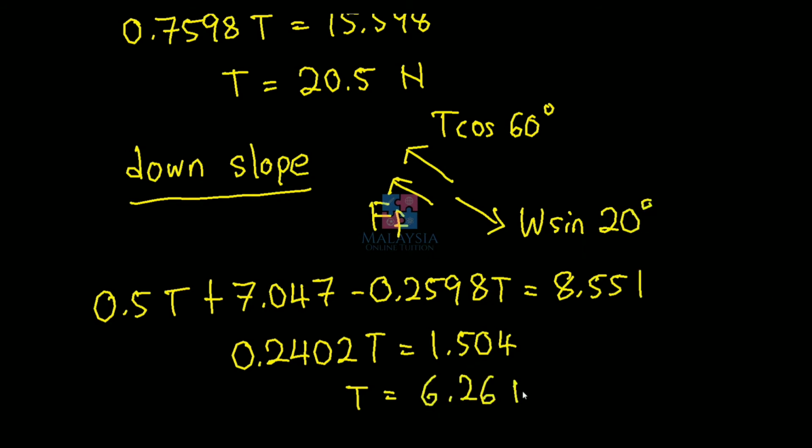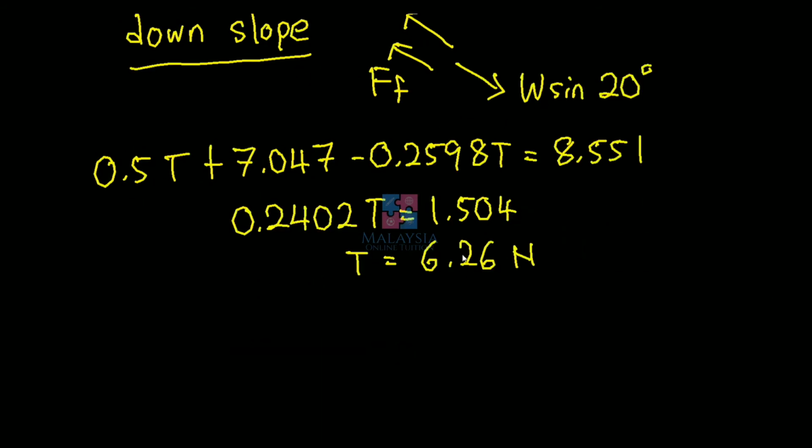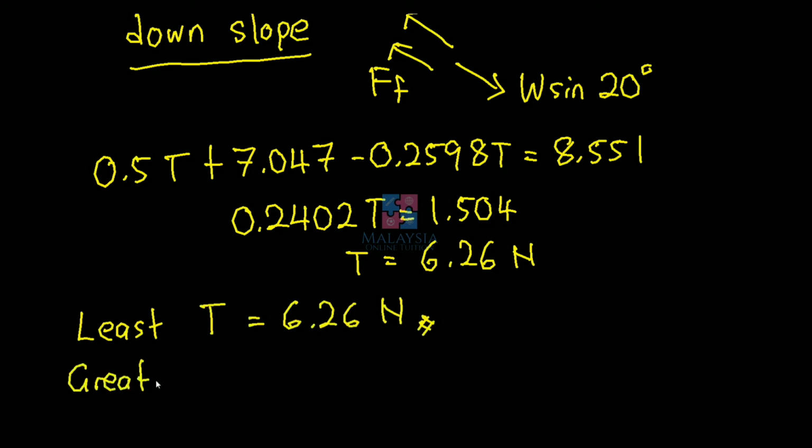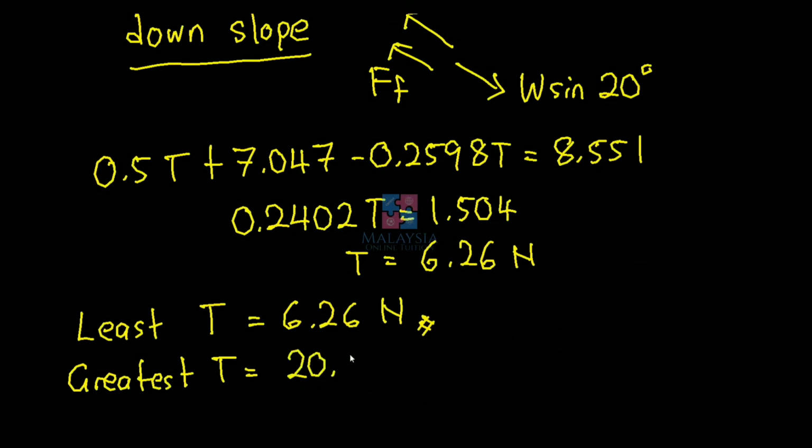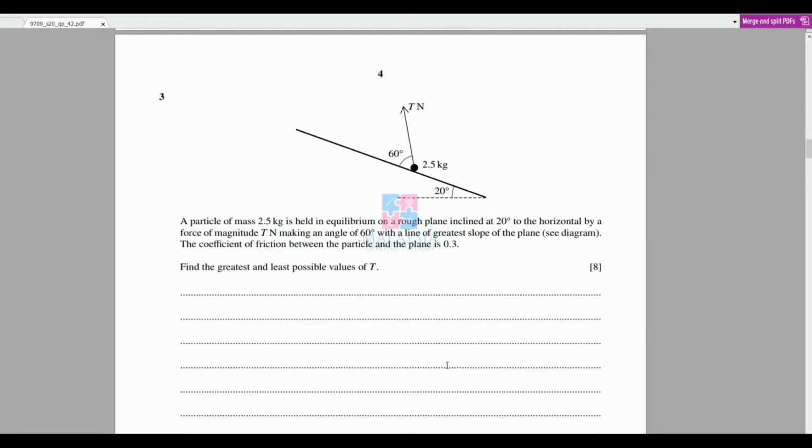So as you can see, this will be the least value, least t will be equal to 6.26 Newton, final answer. And greatest t will be equal to 20.5 Newton. Both answers correct to 3 significant figures, and this will be the final answer for question number 3.